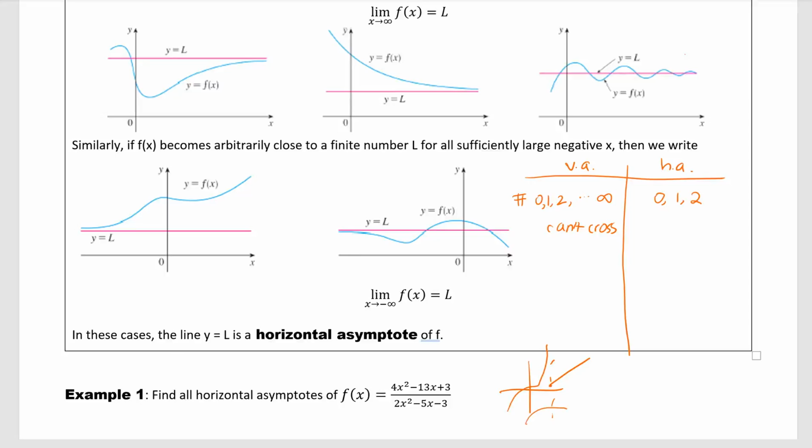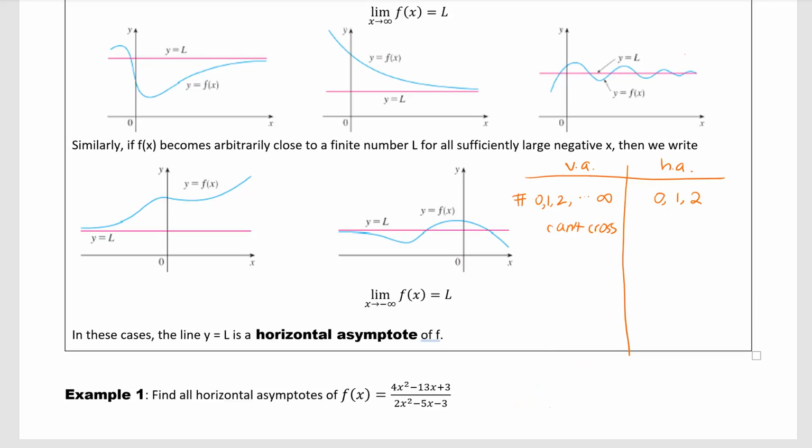We're not crossing it. If we're crossing the vertical asymptote, then this is not a vertical asymptote. This is because it has to be a function, so there can only be 1 point at that x value. Alright, so we cannot cross the vertical asymptotes.